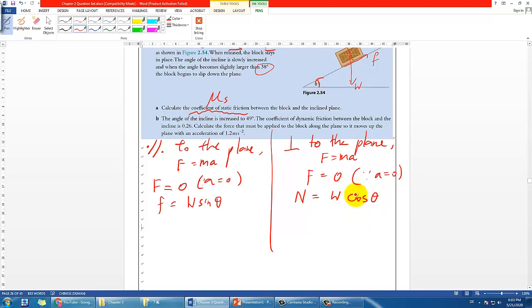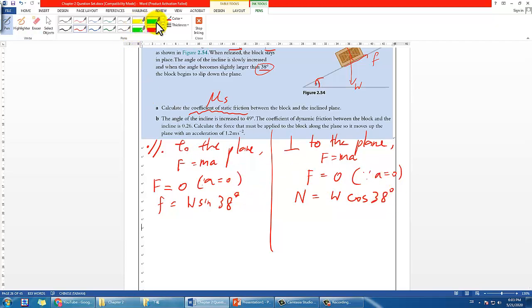Okay, and so we actually know that theta itself will be 38 degrees. So you can actually substitute here by the time it's about to slip.